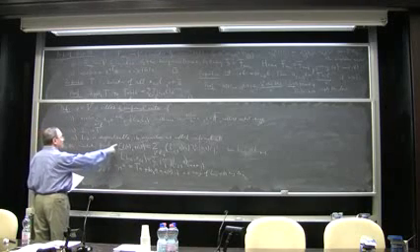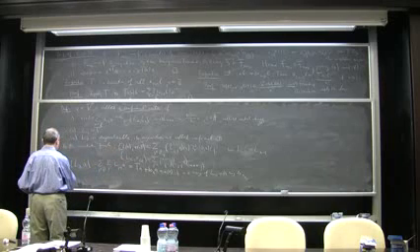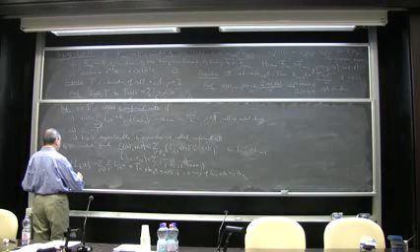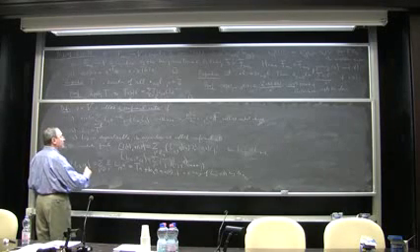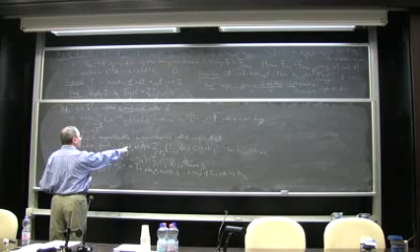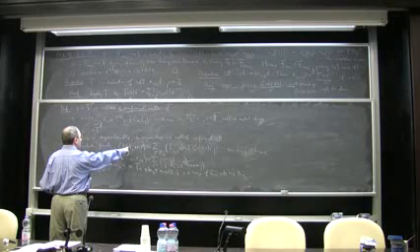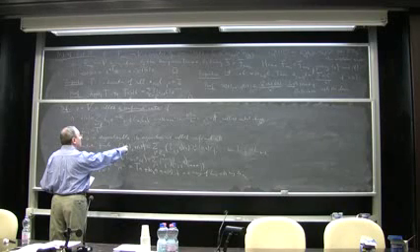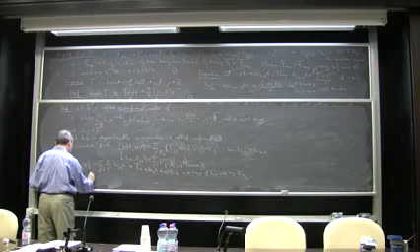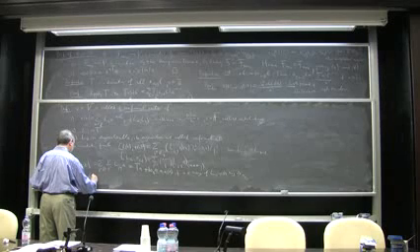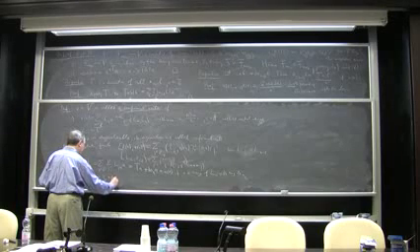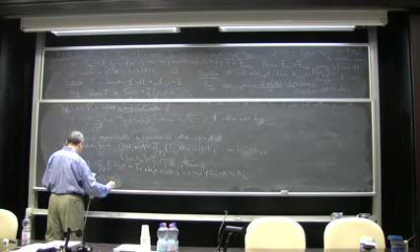From this formula, in particular taking the coefficient of lambda to the 1, which is L0, we get that the L0 bracket with A of z is equal to the derivative plus delta A applied to A of z.